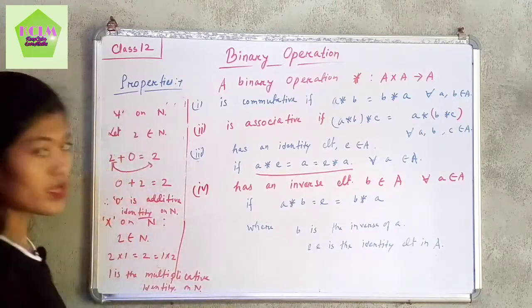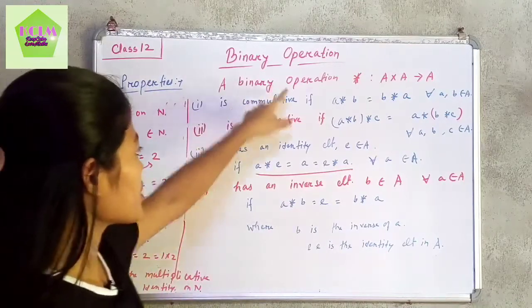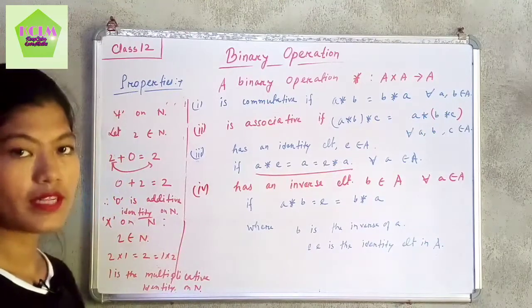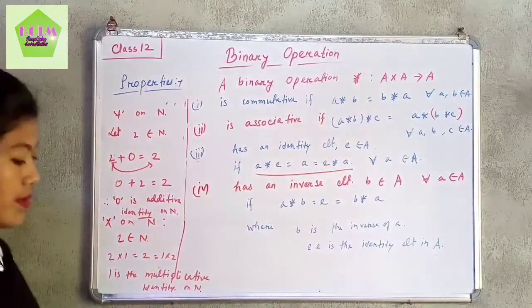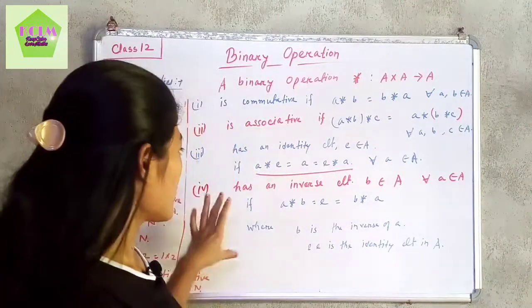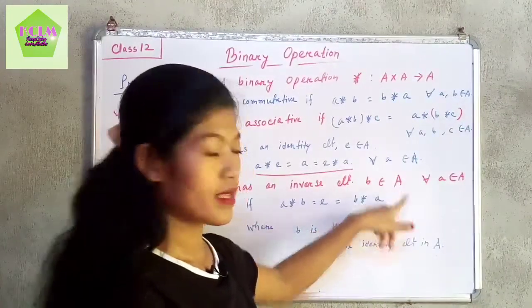So I hope you see how a binary operation carries an identity element. I hope this is clear to you, right? You can see it here. Now, how does a binary operation have an inverse element in that set?